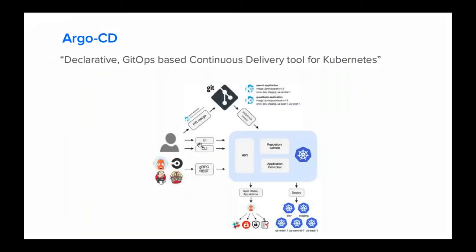Whenever we make a change in our YAML file, which contains the Kubernetes configuration, that change would be noticed by the Argo tool, and then it could deploy that application into different Kubernetes environments, whatever you have. It can also do CI, as I mentioned.